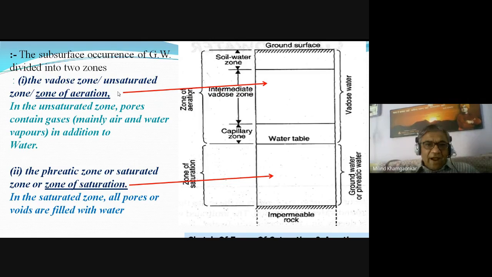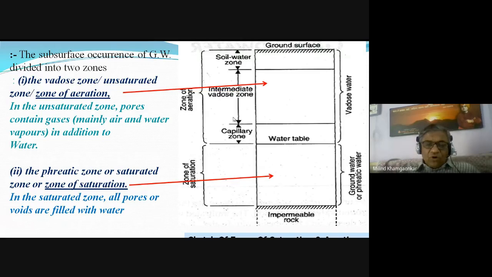The first is the vadose or the unsaturated zone or the zone of aeration, the top zone below the ground surface, where generally in the soil pores, in the soil voids, air is present and certain water vapor is present. And very little water is available in this vadose zone or unsaturated zone.